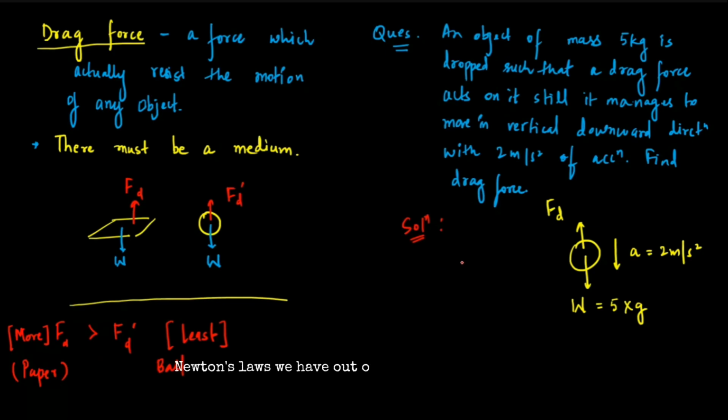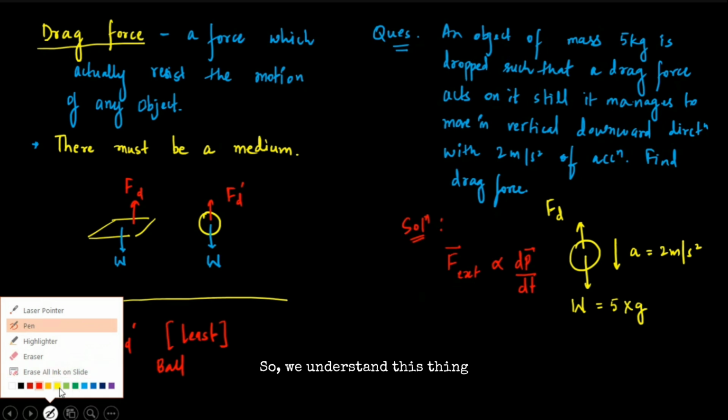Out of the three Newton's laws, there is the second law of Newton, which says that the external force acting on an object is directly proportional to the rate of change of momentum of the object. Basically, the rate at which the momentum is changing is directly proportional to the force acting on the object. This was the second law.